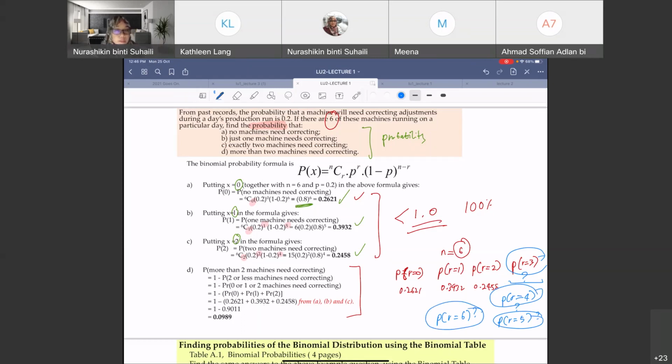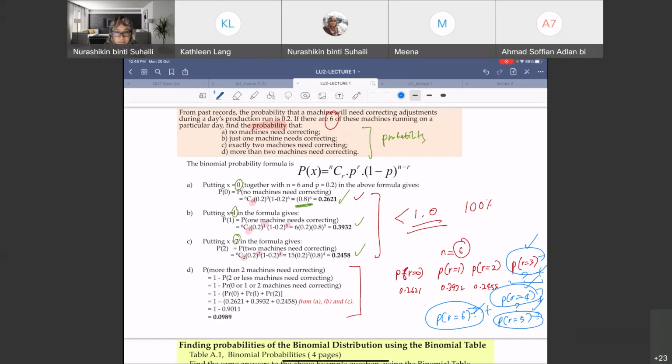Remember when I mentioned just now, you have the table. When it says more than a certain number, you have to consider everything after that, right? Logically, everything after that. So for this one, it's the same thing. If it asks you more than 2 machines need correcting, you have to sum up the probability of these. That's one way.